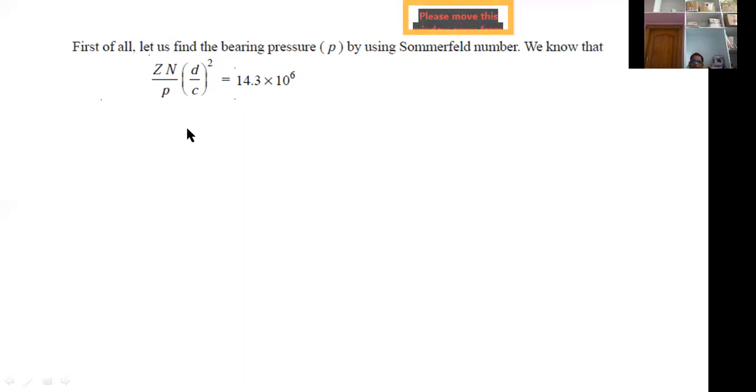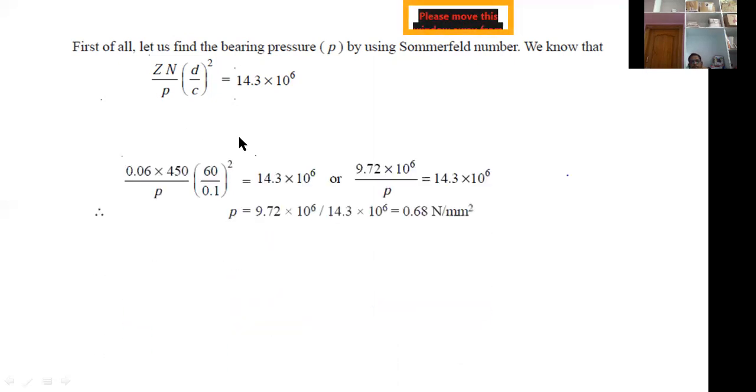Now these are the values. I substituted all the given values in this formula. Finally I got the answer for bearing pressure. Bearing pressure P equal to 9.7 into 10 power 6 divided by 14.3 into 10 power 6, equal to 0.68 Newton per mm square.